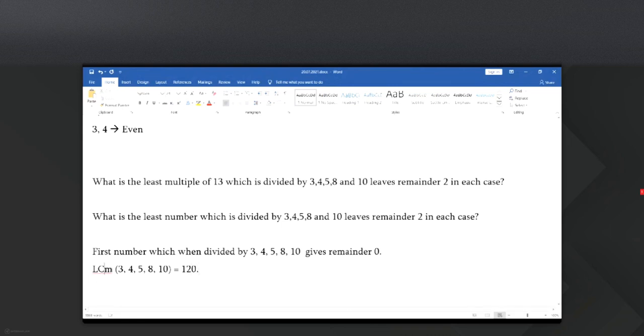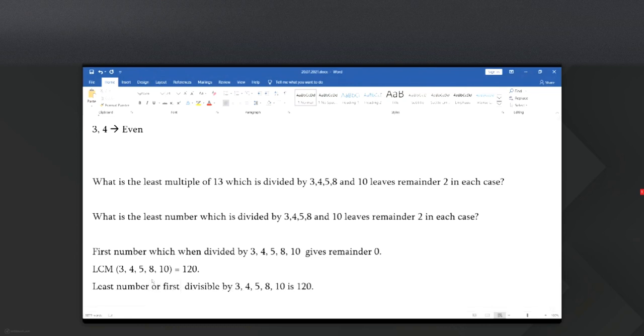What it means is the least number divisible by 3, 4, 5, 8, 10 is 120. I can call it least number or first number.